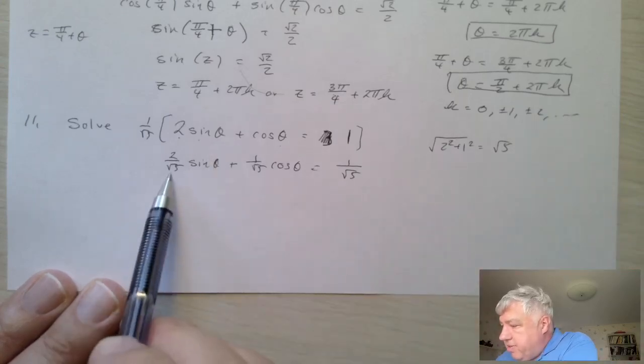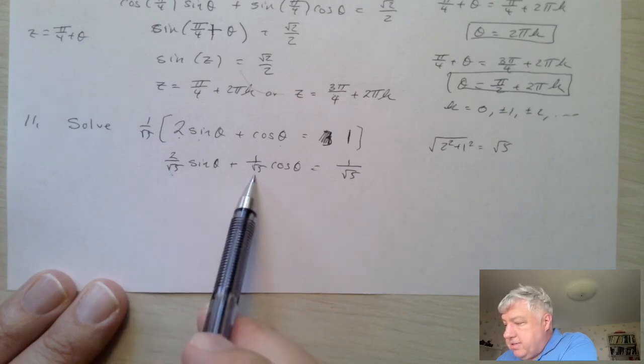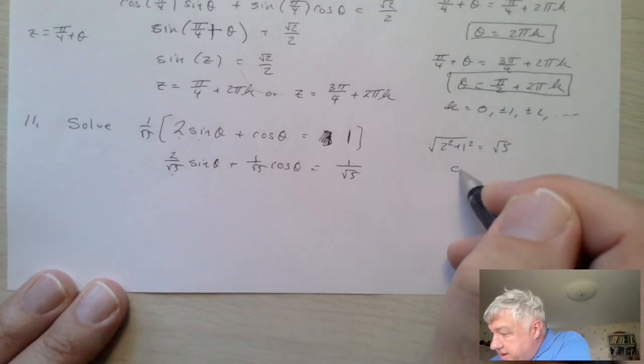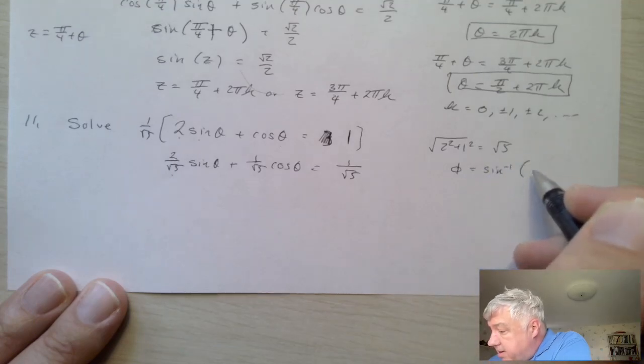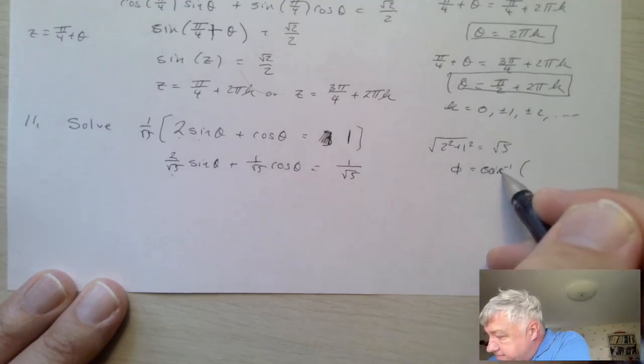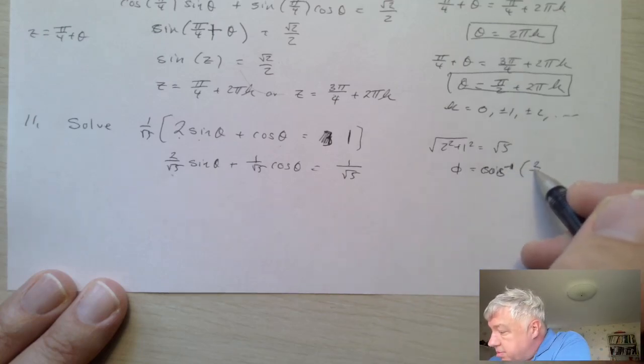Okay. And what we have here is, let's define some other angle phi. We can think of this as the cosine of an angle, and this is the sine of something. We can define phi to be the inverse cosine of 2 over square root 5.